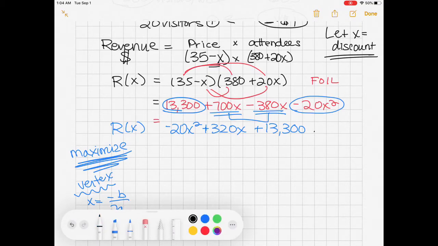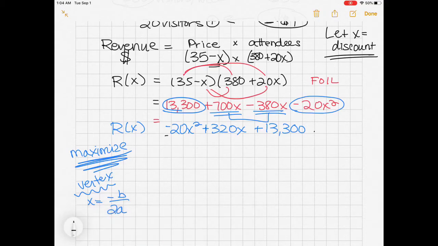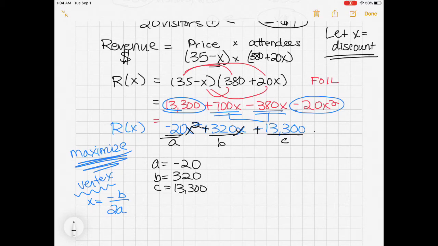We have a quadratic function here, with values a x squared plus b x plus c. So let's write this down. A is negative 20, b is 320, and c is 13,300. Let's see if we can find this vertex in order to maximize it.